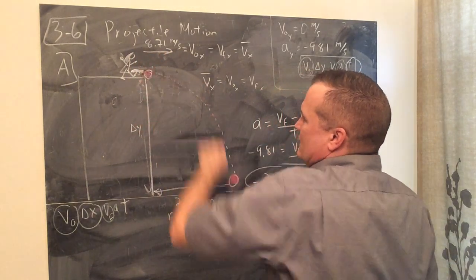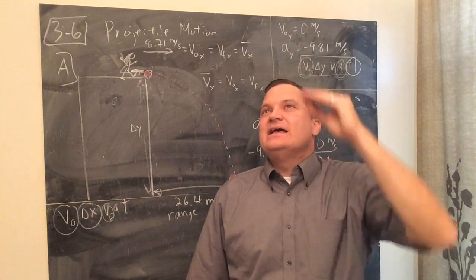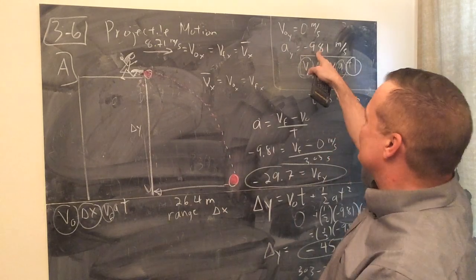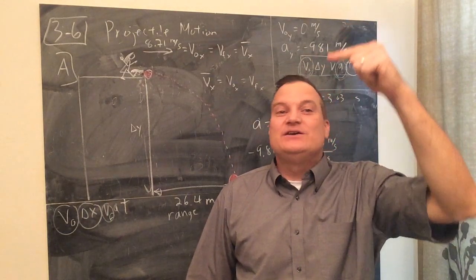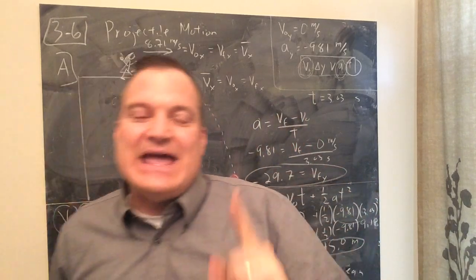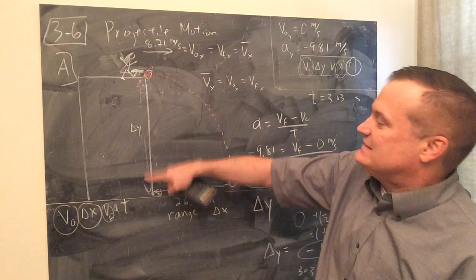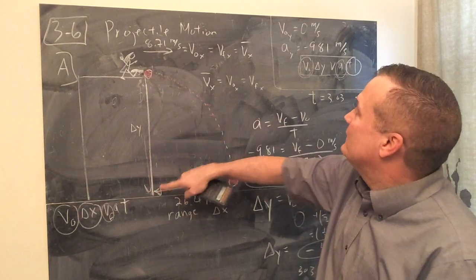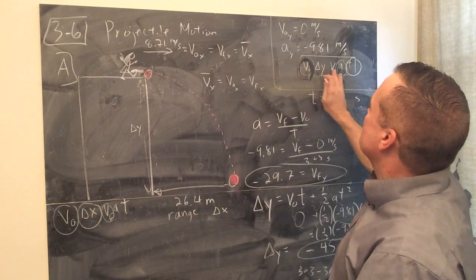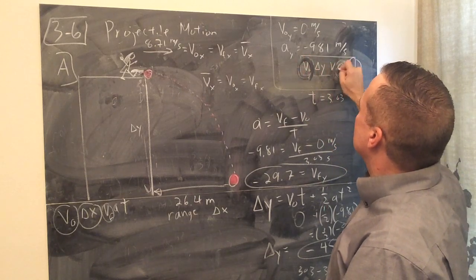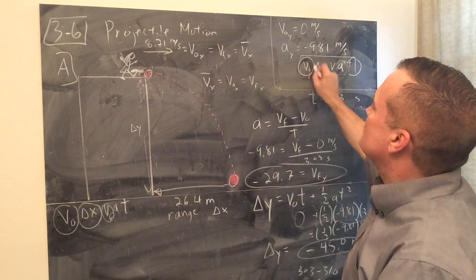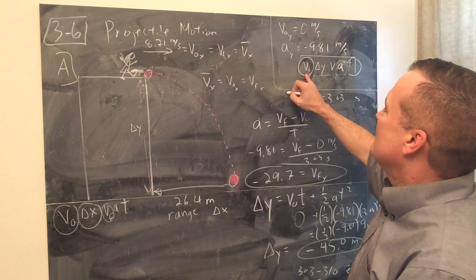So when he does that, his initial y velocity is going to be 0 again, and its acceleration is going to be negative 9.81. That means you can figure out how long it takes for him to get to the bottom, because they gave you the height in this case. So if you're looking back at this later, for homework number 2B, you know the initial velocity is 0 in the y direction.